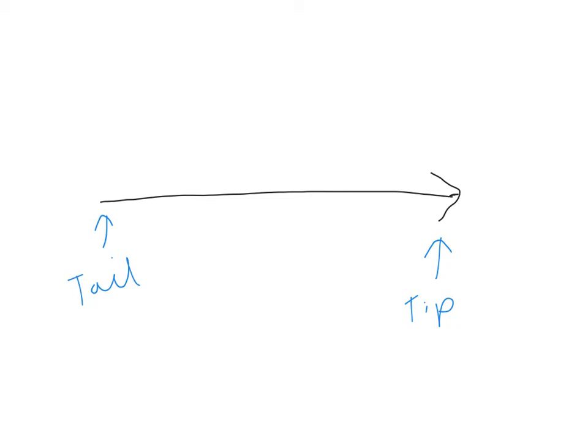So when we add vectors, we're going to use something called the tip to tail method. So when I'm referring to tip and tail, just know that the tip is the arrow and the tail is the back part of the vector.